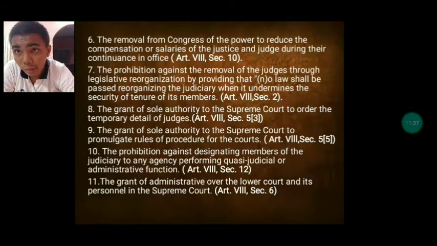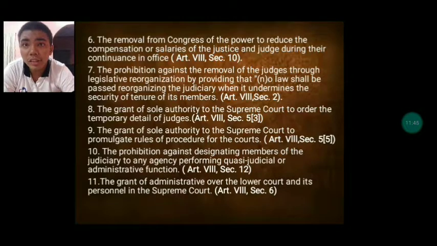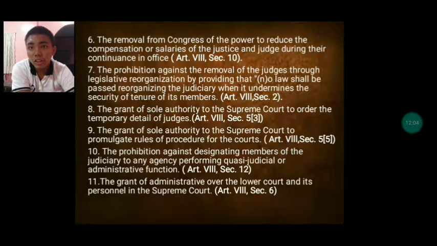Number 6 is the removal from Congress of the power to reduce the compensation of the salaries of the justices and judges during their continuance in office. The provision against the removal of judges through legislative reorganization, providing that no law shall be passed reorganizing the judiciary when it undermines the security of tenure of its members.